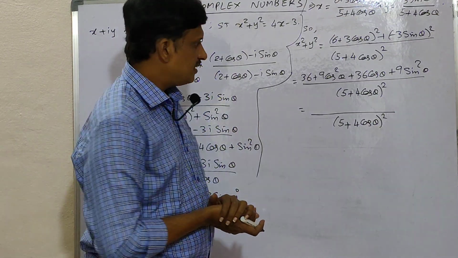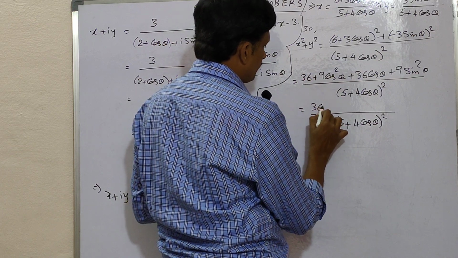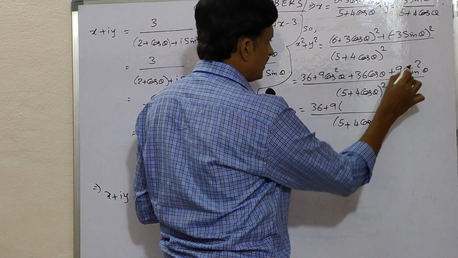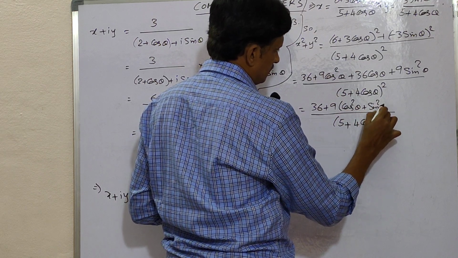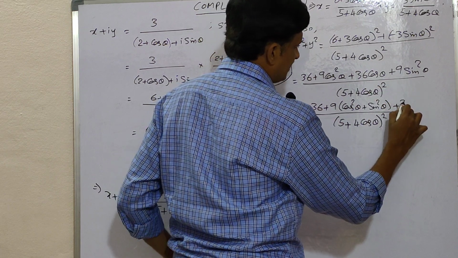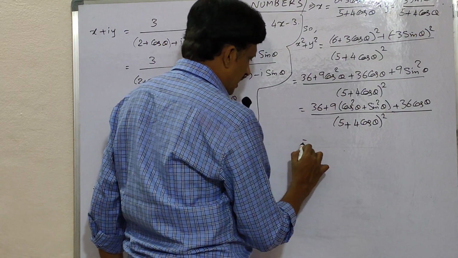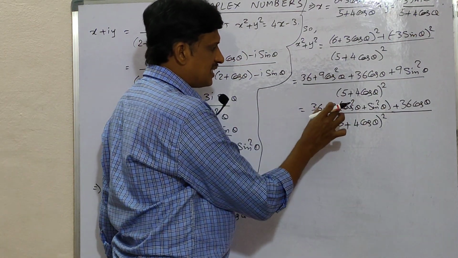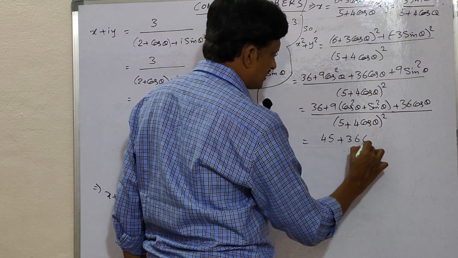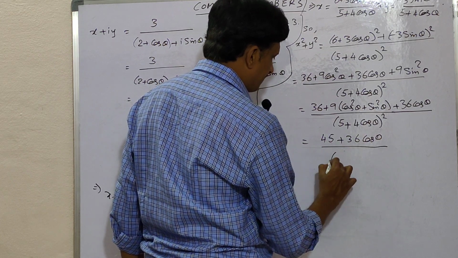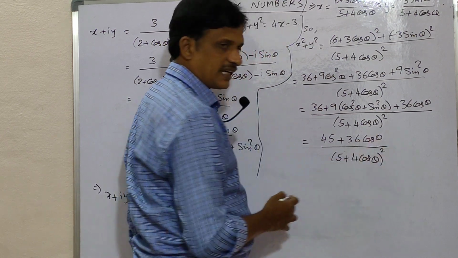So 1 into 9 will be 9. So 36 plus 9, that is 45, plus 36 cos theta, by (5 plus 4 cos theta) whole square is what you are getting.